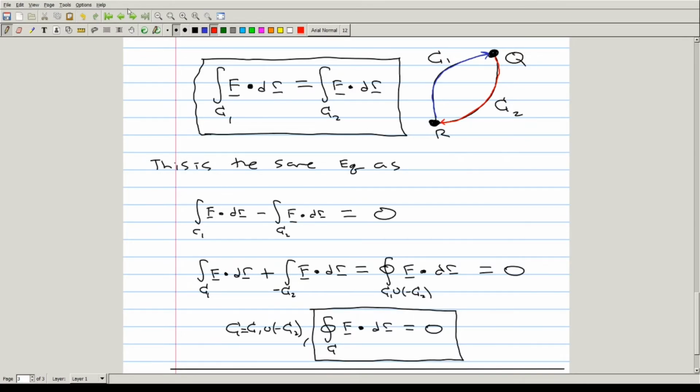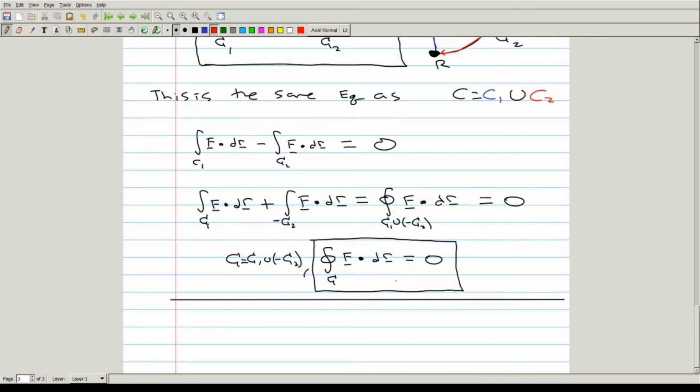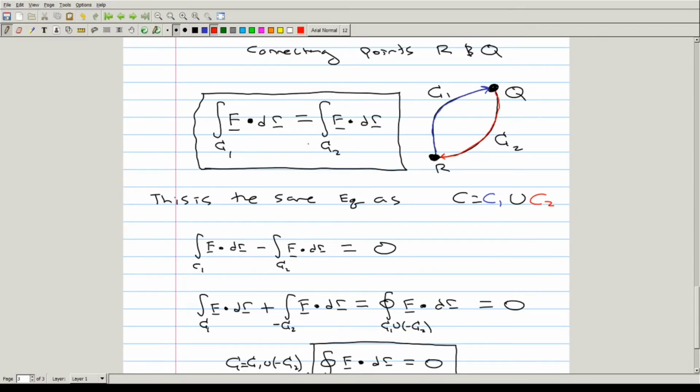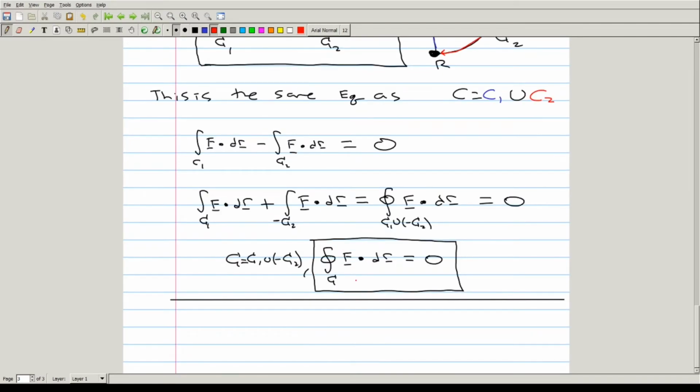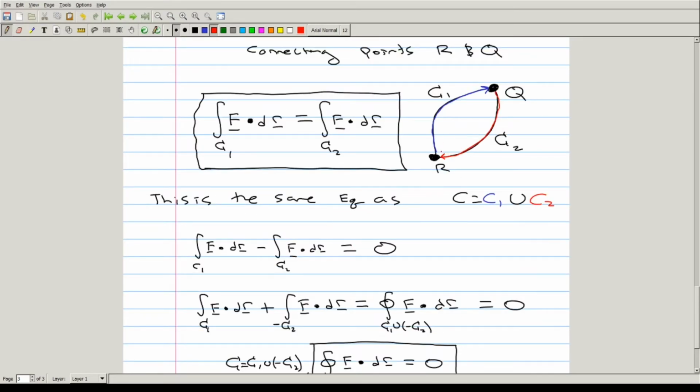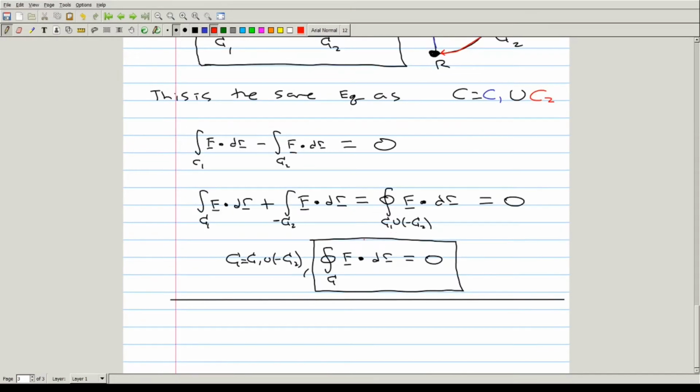And that's this, our C here is equal to C1 union C2. So if a line integral is path independent, then for any two paths, the line integral has to be 0 over the closed curve that you get by forming the union of those two paths.